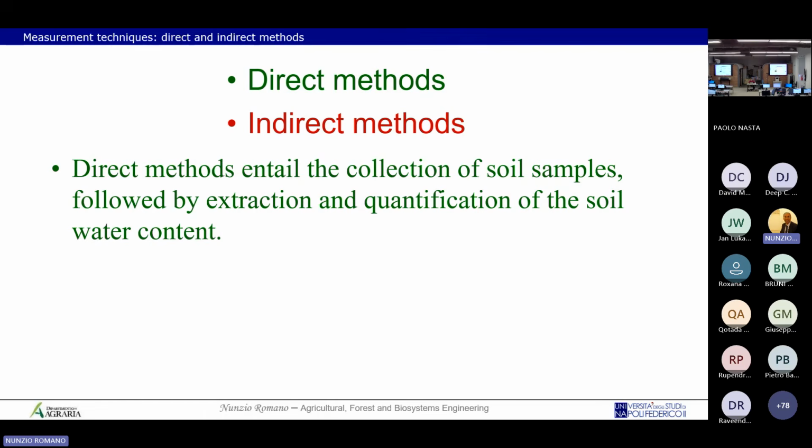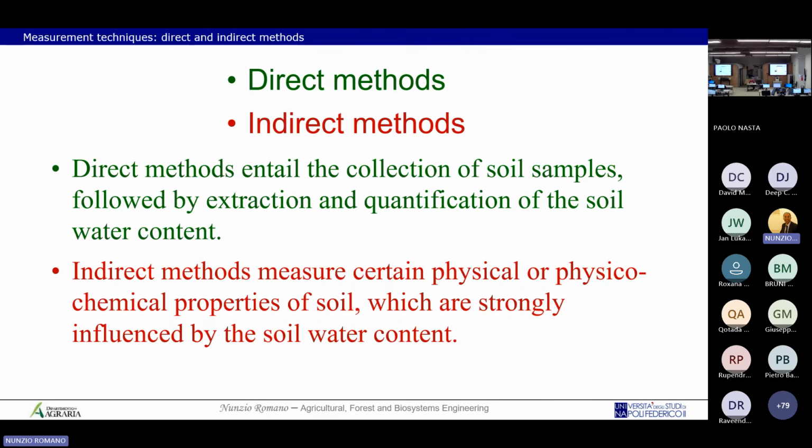You can do this directly in the field, but mostly you do this in the lab. The indirect methods do not, as you can imagine, measure directly the soil water content, but measure a physical or physical-chemical property that is strongly linked to the soil water content. And so this is why most of the time you have to use a calibration to move from this physical-chemical property to the soil water content.